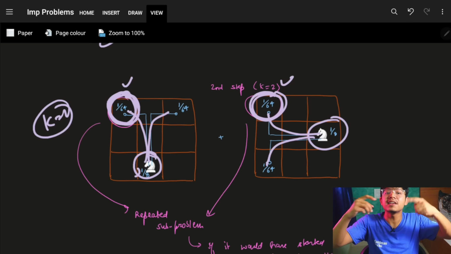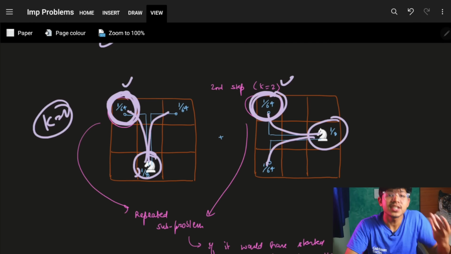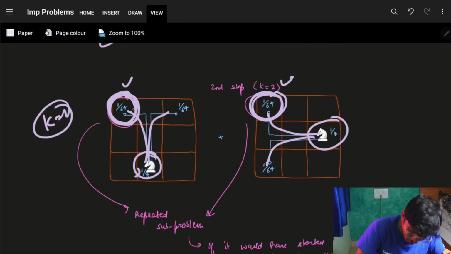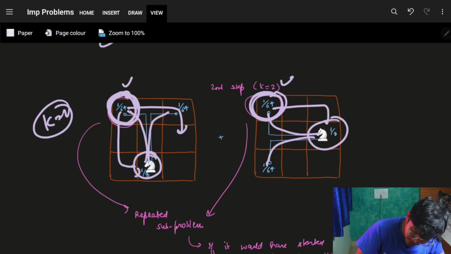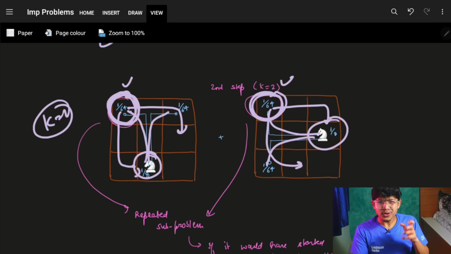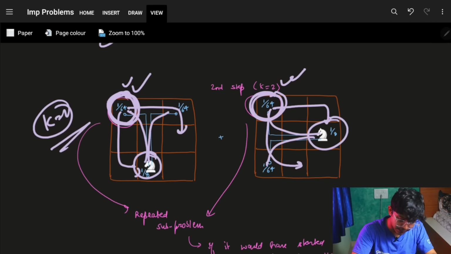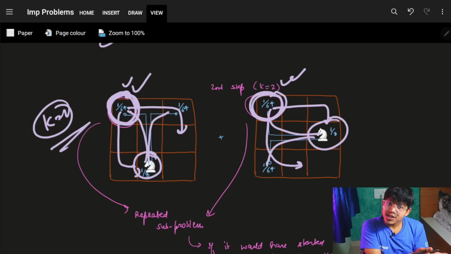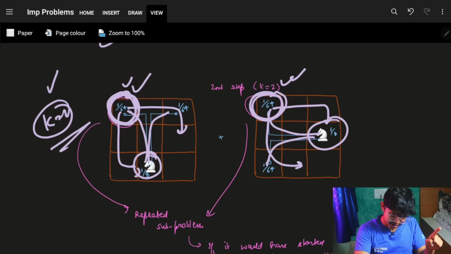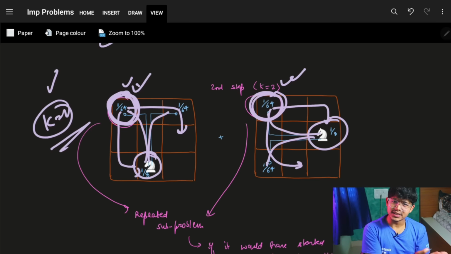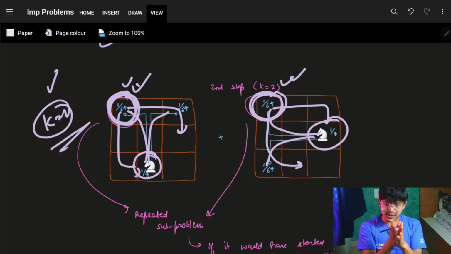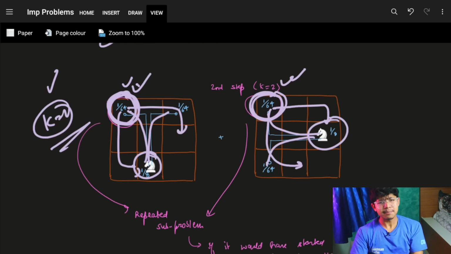If I had steps, let's say 3, it would again go on from this point and go here and here, and then again from here and here. So it is the repeating problem which these both will do for step 2, because they are at the same location. If they are at step 2 and they both have to repeat the same process, then why not memorize it? I know it's a recursion, but I can simply memorize it.